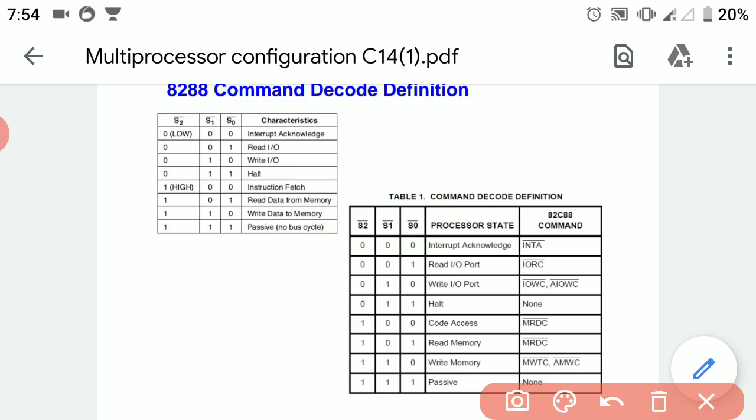For example, if we have a digital 0, in which all the three pins, that is S0, S1 and S2, are at low state.